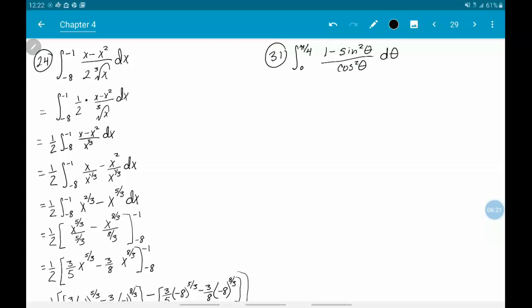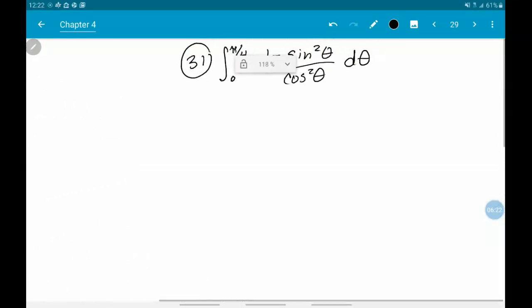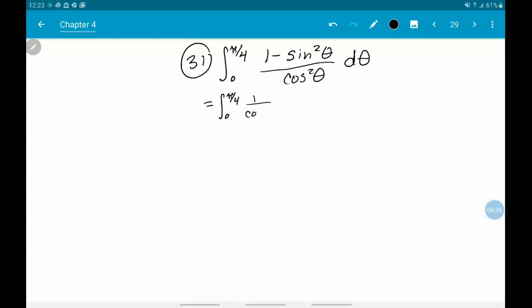So we're doing a trig one. Okay, it's going to work the same way. There's not a quotient rule, so we need to rewrite this. So if we were to rewrite this one, we can split that numerator. So this is 1 over cosine squared theta minus sine squared over cosine squared.